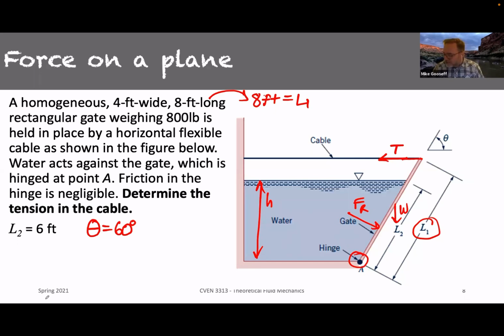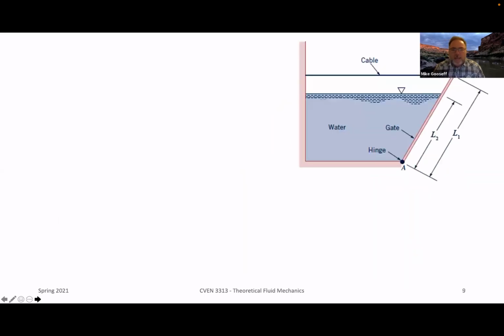All right, so let's first go ahead and draw a force body diagram here for our gate. We said that we had tension acting in this direction. We said our angle was 60 degrees. We also have weight.